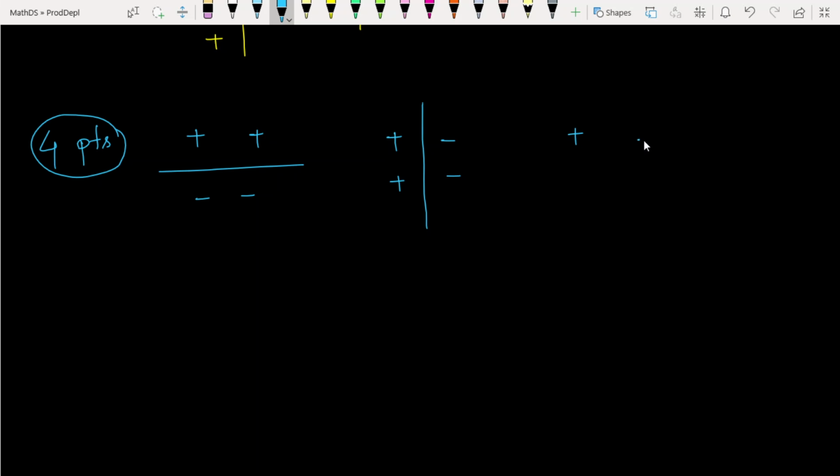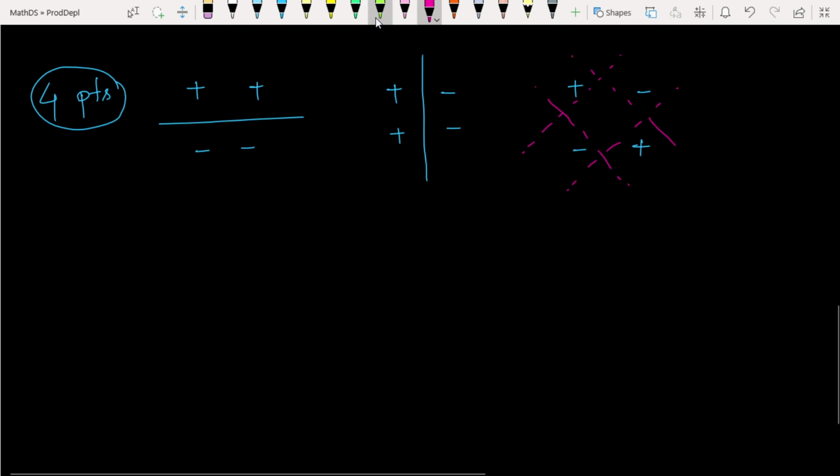If we have plus minus minus plus, then it is not possible to separate these points with a single plane, line or hyperplane. If you draw this line, it is also impossible. Any single line cannot separate this group.